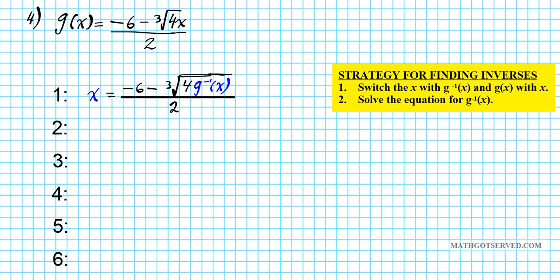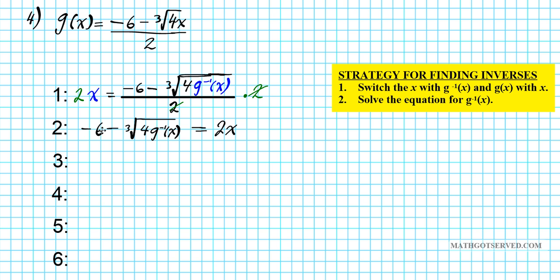So let's start by getting rid of the 2 in the denominator, multiply both sides by 2. On the right side, these two 2's divide out. Let's switch our equation around. We have negative 6 minus the third root of 4 times g inverse of x. That equals 2x on the right side, which was on the left side of line 1.